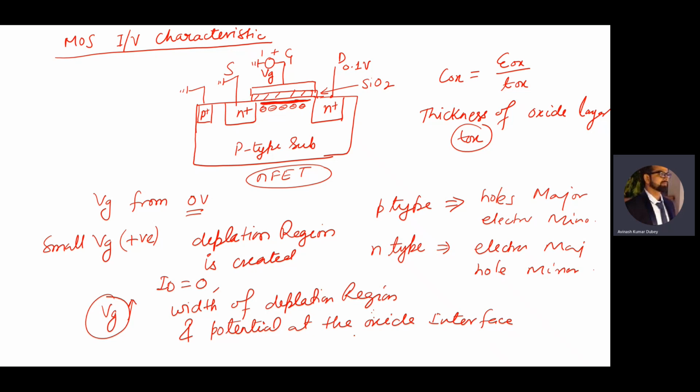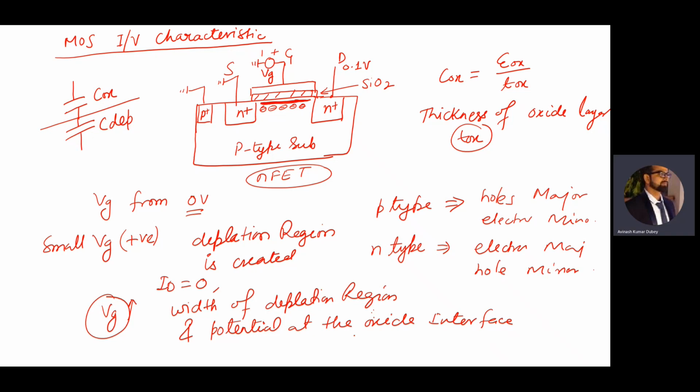This is our COX between the gate and the substrate, and because of the depletion region, there is also C depletion. So these are the two capacitors in series, which happens when we increase the Vg from 0 volt. Understood?